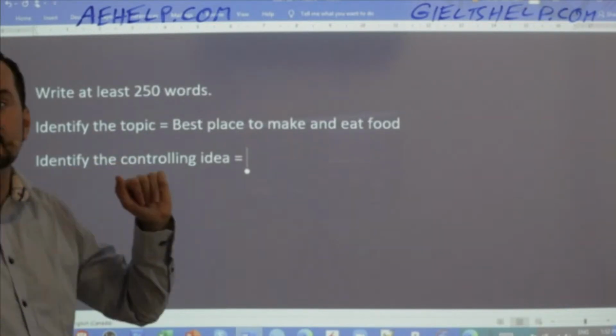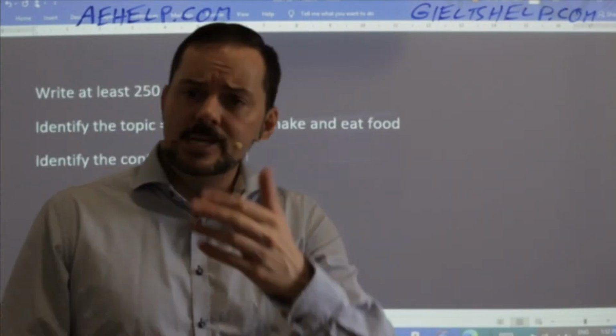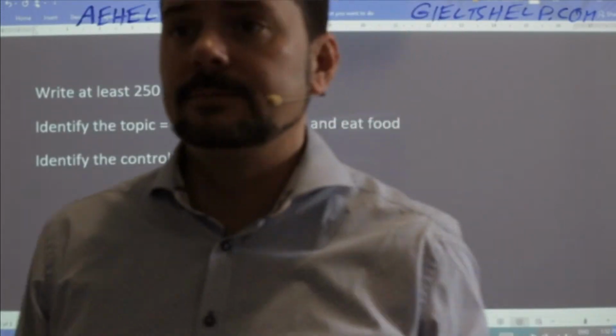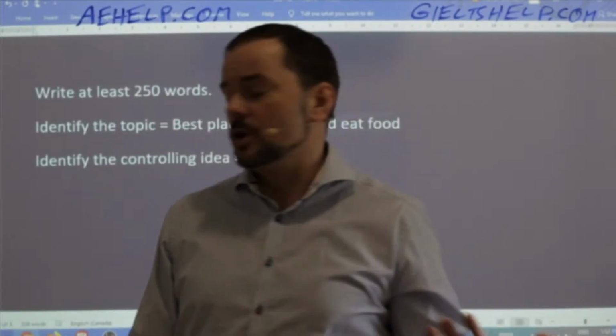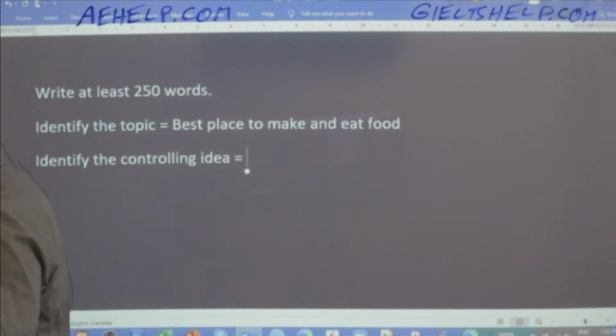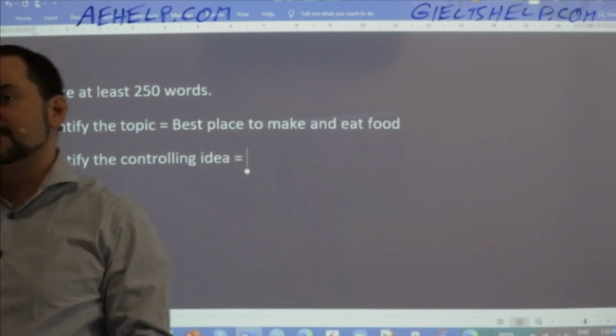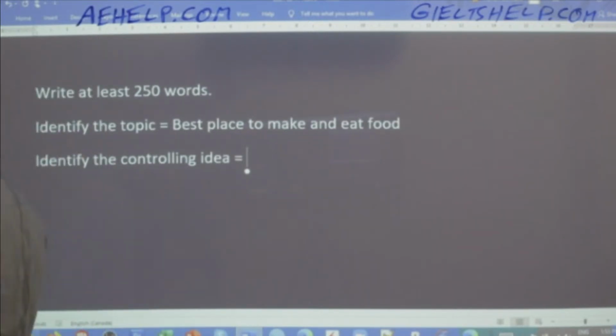What's the controlling idea? Yeah, so Nikhil says the controlling idea is making and eating at home or outdoor. Yeah, Kyber, exactly. So home is better, right? Because we could say barbecuing at a park. That could be another place to make and have food, okay? Weather permitting, that would be one of my arguments there.